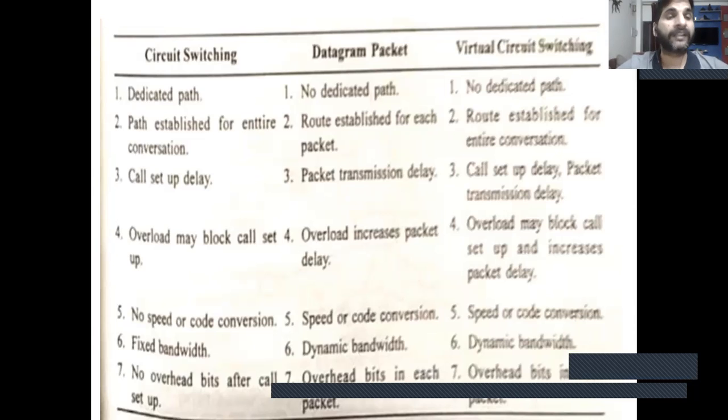Third difference: circuit switching has call setup delay, while datagram has packet transmission delay, and virtual circuit has both call setup delay and packet transmission delay. Fourth difference: in circuit switching, overload may block call setup; in datagram, overload increases packet delay; and in virtual circuit switching, overload may block call setup and increase packet delay.